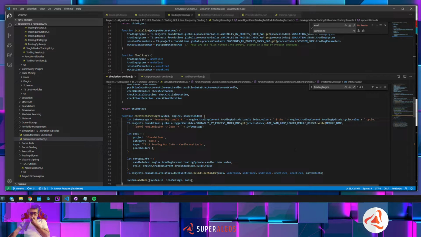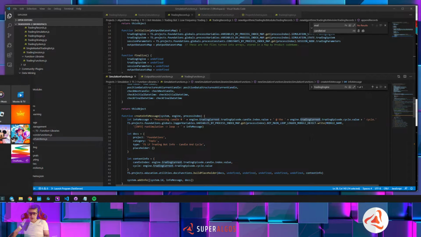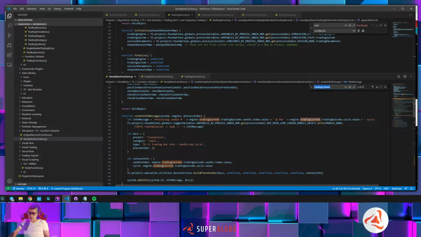So we'll need to correct all this. How many are we? Are we having trading current? Ooh, 25. My God. So I will need to move this guy here.